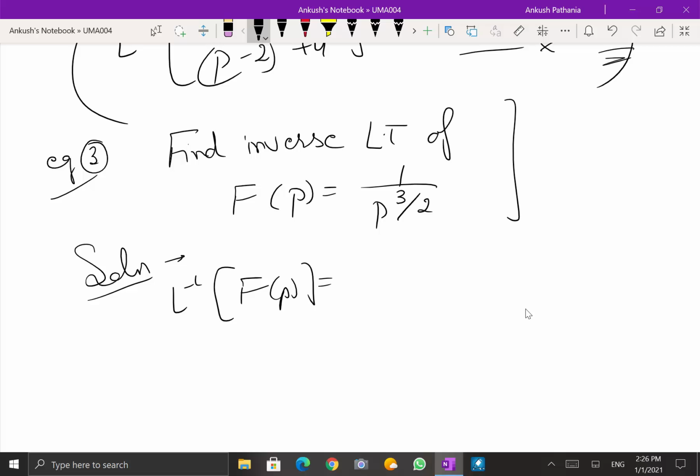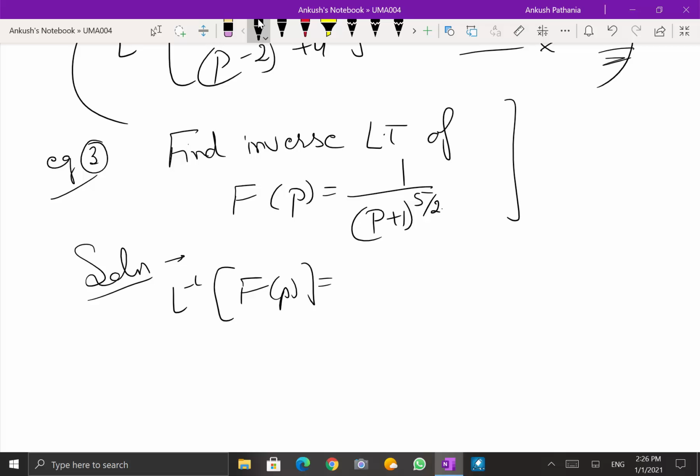Just hold on. This is example 2, and yes, here it is. Just hold on, I missed the statement. The statement is 1 upon (p plus 1) raised to power 5 by 2.